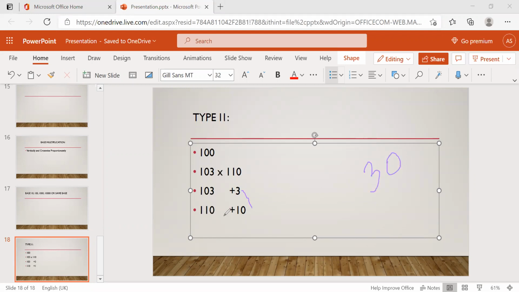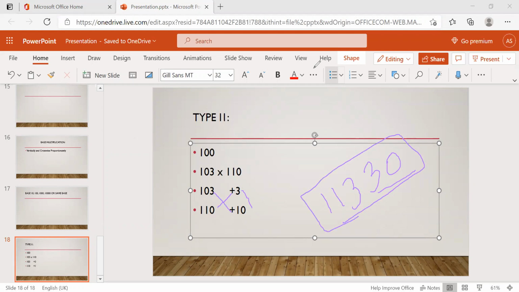Okay. And add this or add this, anything is okay. 110 plus 3, 113. This will be the answer. So here I got only 2 digits. Multiplying 3 into 10, it's only 2 digits, right? So 2 digits means 100 has 2 digits, same. So we can cancel like this.